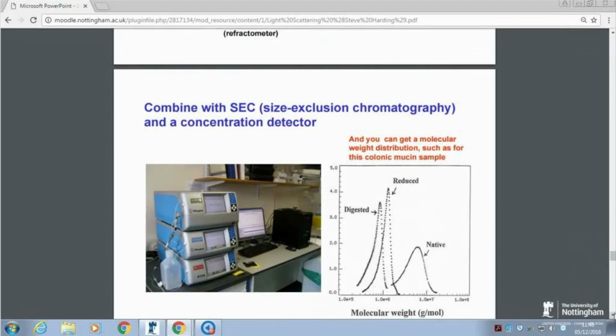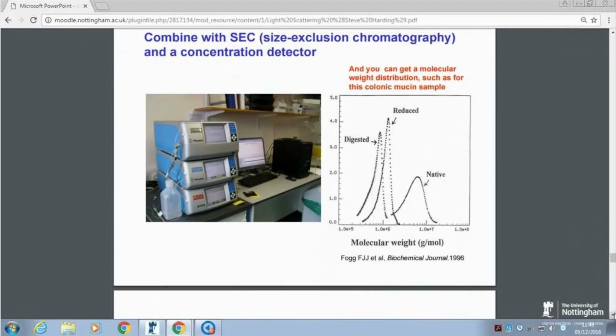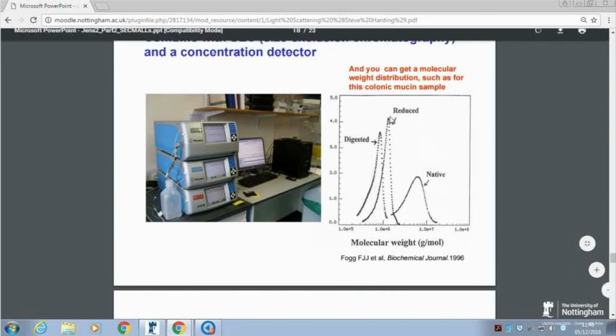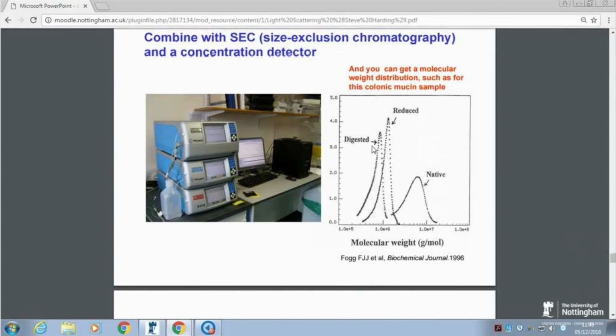Right, here's some plots. These are mucin molecules that have gone through the column. This is a native mucin. We'll do mucins next semester when we do the polysaccharide and drug delivery module, when we talk about things like mucoadhesion for drug delivery, and how we characterize these mucins, which are these large glycoproteins.